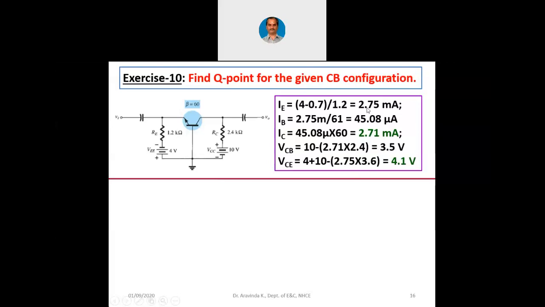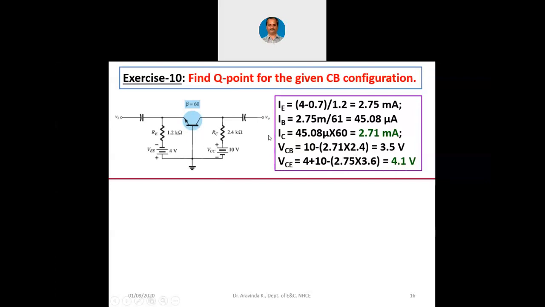IE is 2.75 milliamperes, RC plus RE is 2.4K plus 1.2K, which is 3.6K. Here, instead of IC, I have put IE. You can put IC also, because in the output loop it is IC, in the input loop it is IE, but we are approximately equating them. So that way we get VCE equals 4.1 volts.